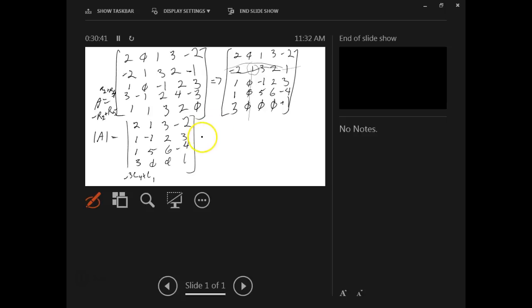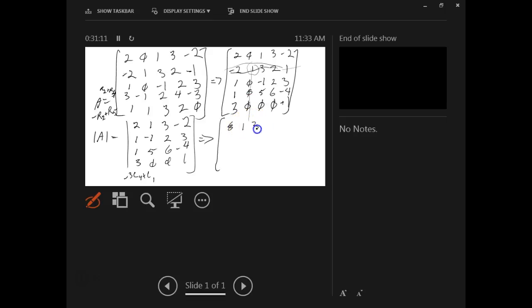And let's see what that gives us. Minus 3 times 2 times minus 2 is positive 6, plus 2 is 8.